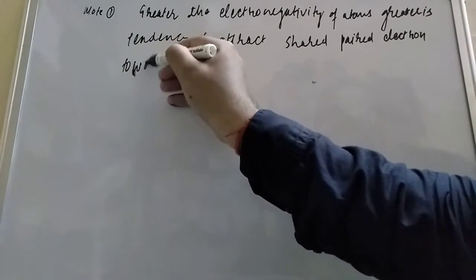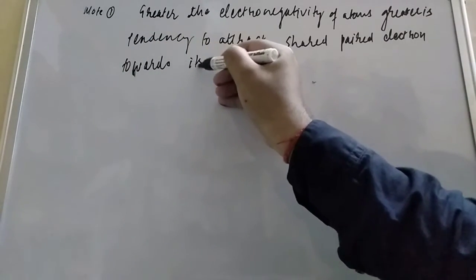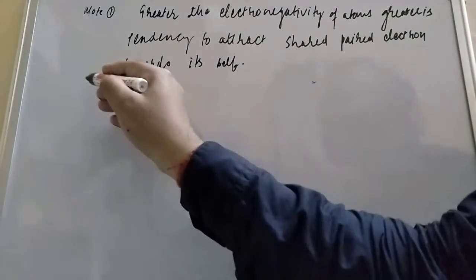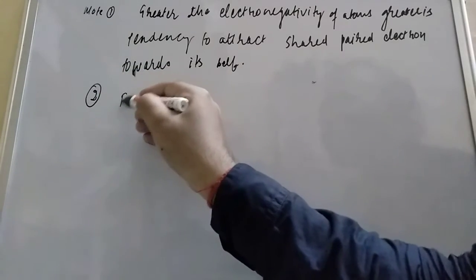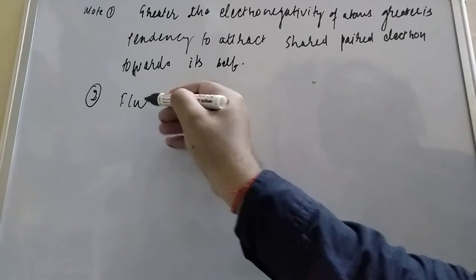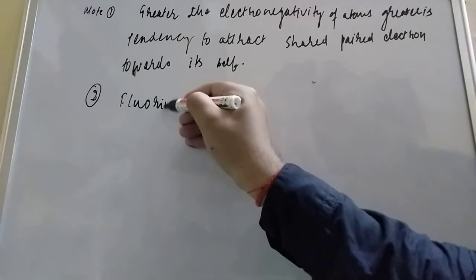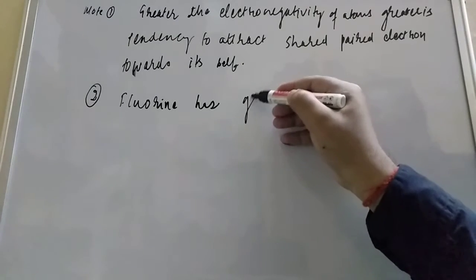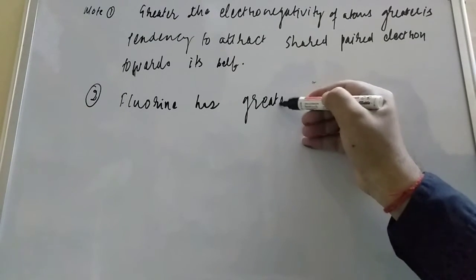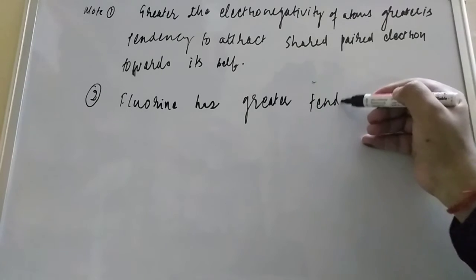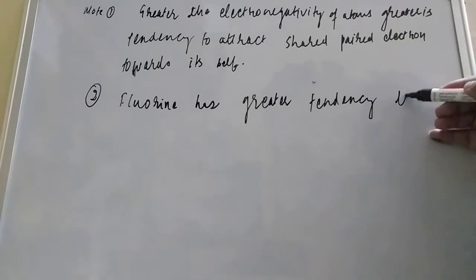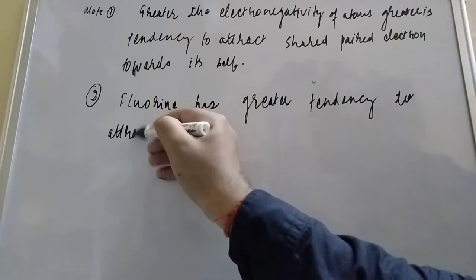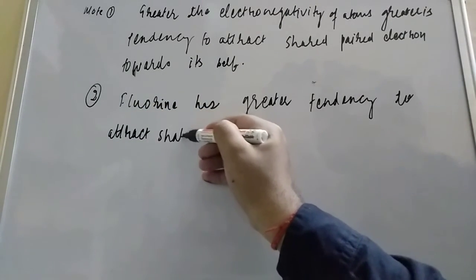Now, student, you can ask which one is the most electronegative atom. So point number 2 is fluorine. Fluorine has the greatest tendency to attract the shared paired electron.